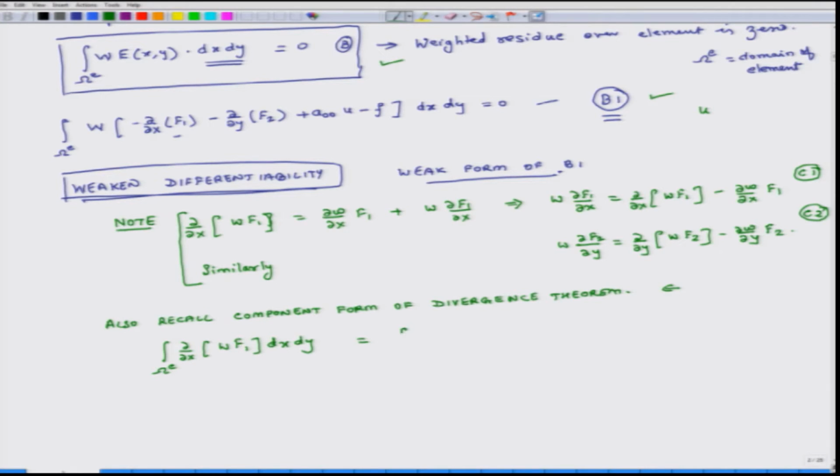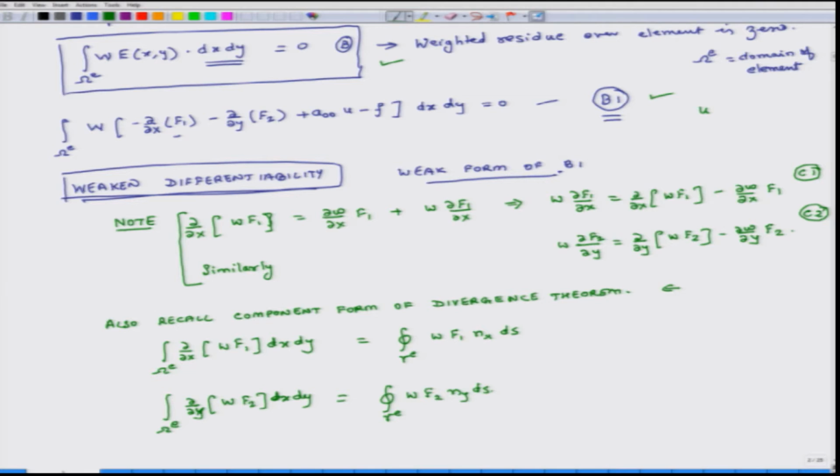I can express this as a boundary integral of W times F1 times nx ds, and I will explain this in a minute. Similarly, the integral of del over del y of W times F2 dx dy equals the boundary integral of W F2 ny ds.